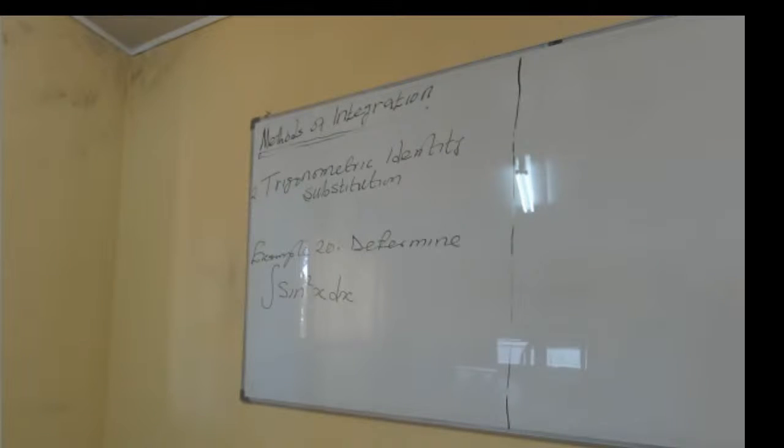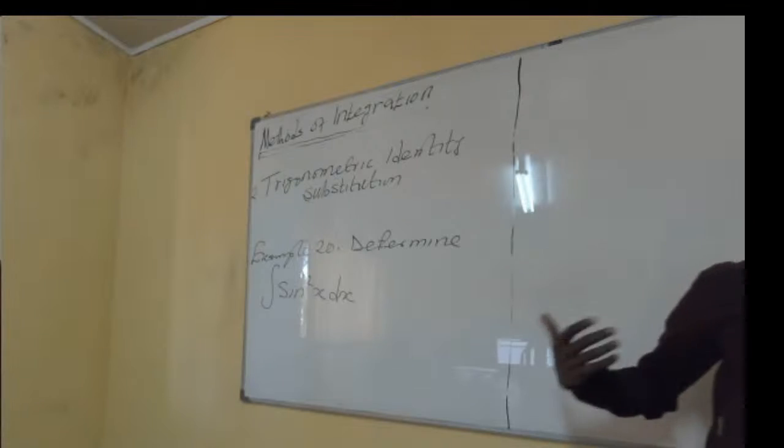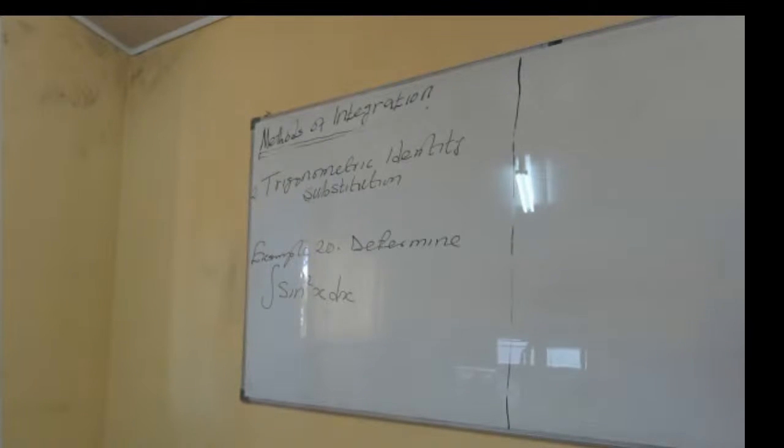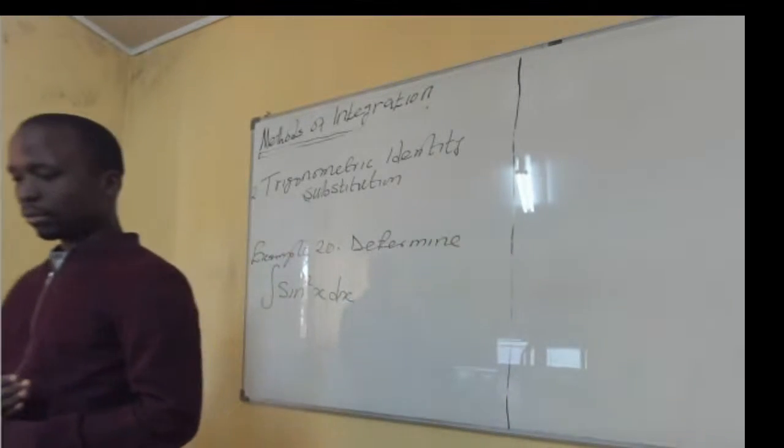I'll leave some of them for you to go through. For the second example, I'll combine these examples in one example and then solve them. So please make sure that you go through those examples.